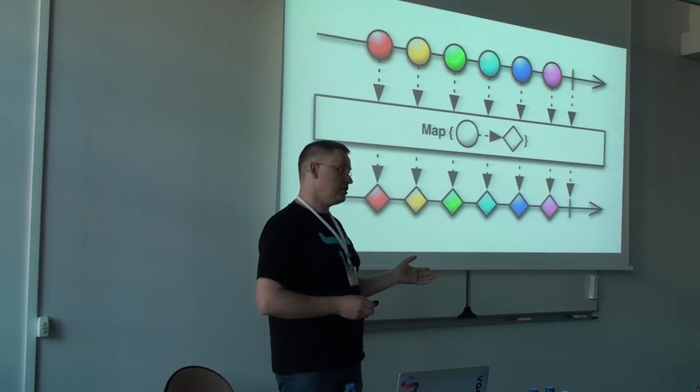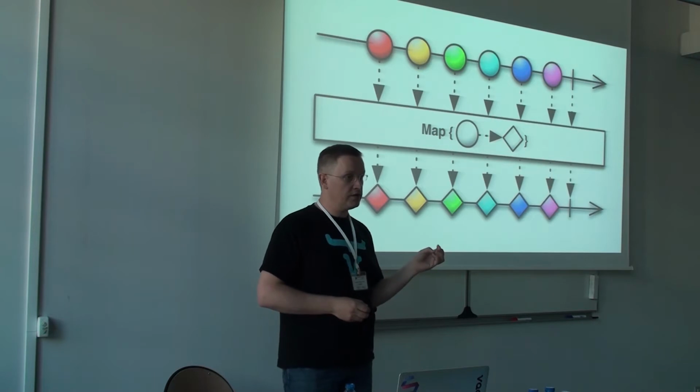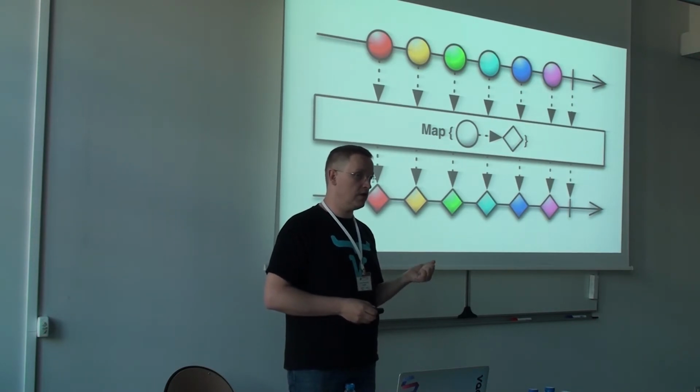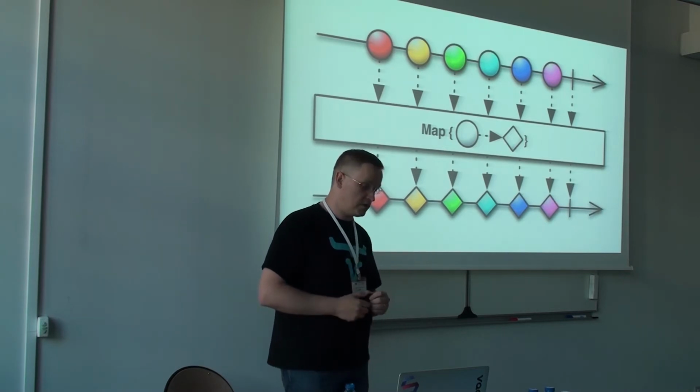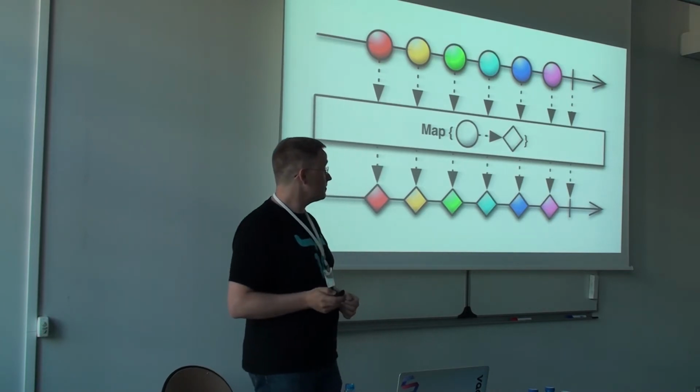It doesn't touch the original sequence in any way, and the result will always contain exactly the same number of elements that the original sequence contains. Quite straightforward in my opinion at least.